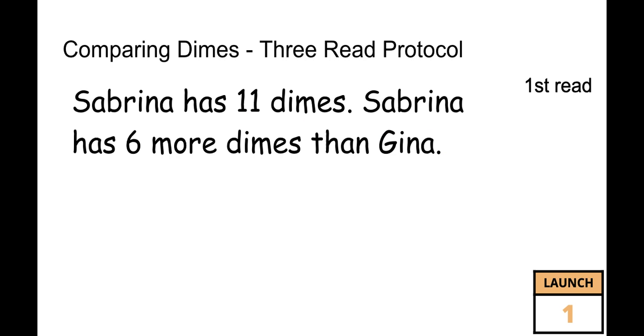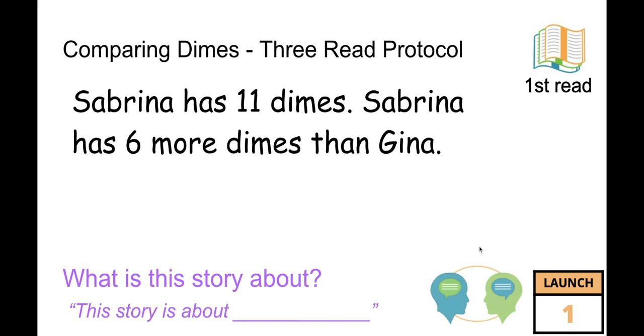So, comparing dimes. This is our math story today. We're going to read it 3 times and focus on different questions each time we read it. Sabrina has 11 dimes. Sabrina has 6 more dimes than Gina. What is this story about?